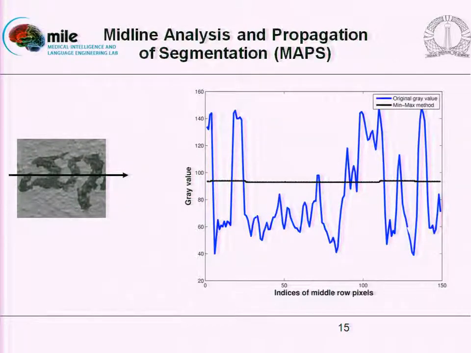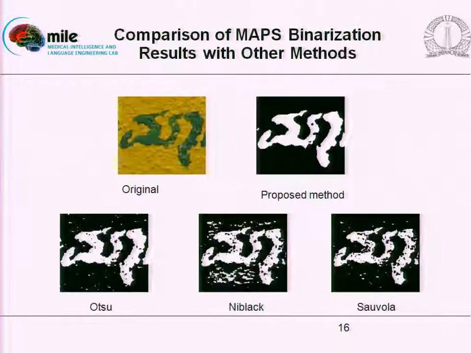Once we have segmented the middle line, we have to segment the other pixels. For that, we have used two methods, Bayesian classification as well as graph cut. This is the result while classifying the text. These are other popular techniques which are used to binarize.